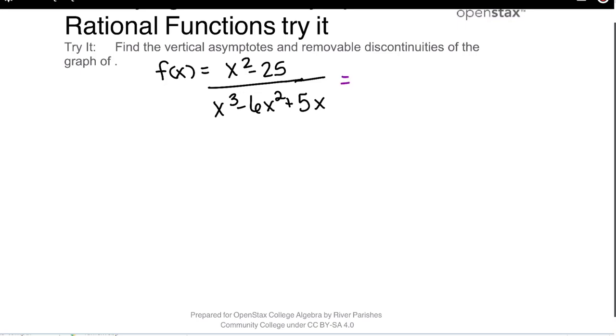In order to do that, you should start by factoring to see if you can simplify any factors out. So x squared minus 25 is a difference of squares that factors into x plus 5 times x minus 5. In the denominator, an x factors out and leaves x squared minus 6x plus 5.